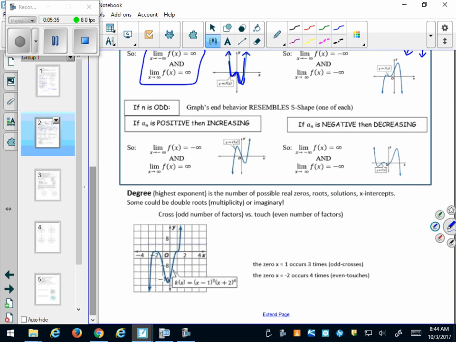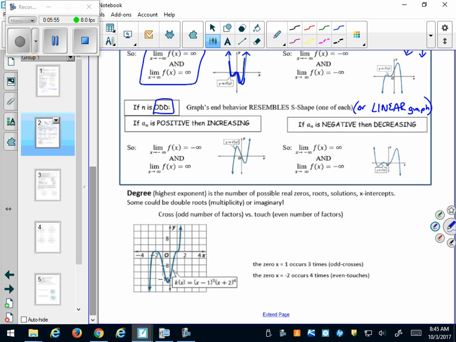If n is odd, the end behavior resembles an S shape. Like I said, I like to think of it as resembling a line, a linear graph.